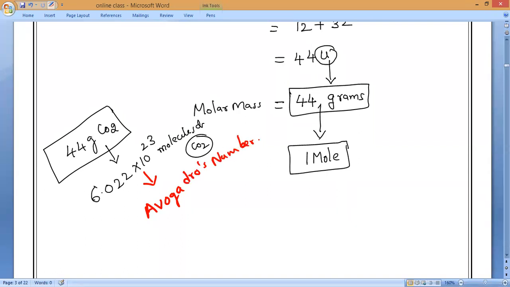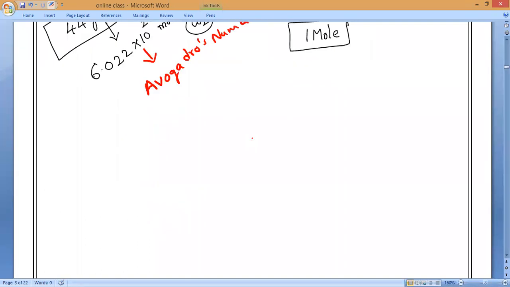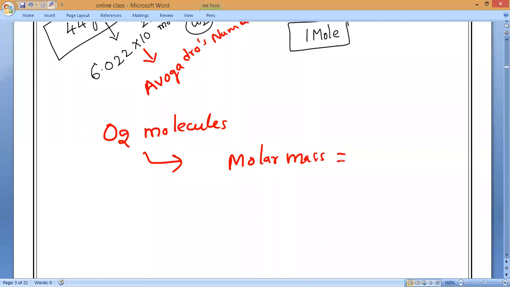Avogadro's number. For example, I have given you oxygen molecules. Observe very carefully. Tell me, what is the molar mass of oxygen molecules? Molar mass is equal to 2 into 16, which is equal to how much? 32 u.